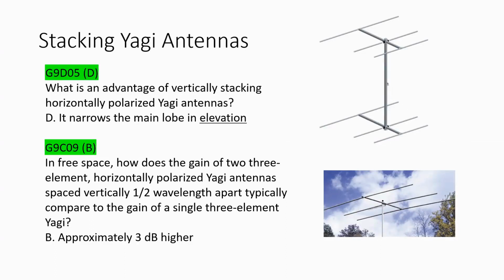So how can you add even more gain? Well, we talked about adding more elements to the boom, but there is an advantage to vertically stacking 2-3 elements as opposed to having a single 6 element. And here's the reason. It narrows the main lobe in elevation. Remember that critical angle that Tim talked about?